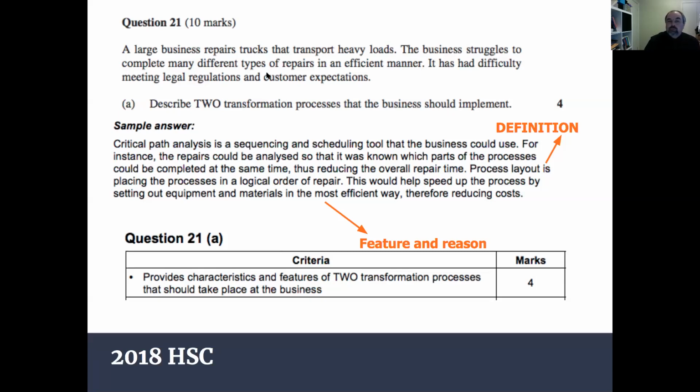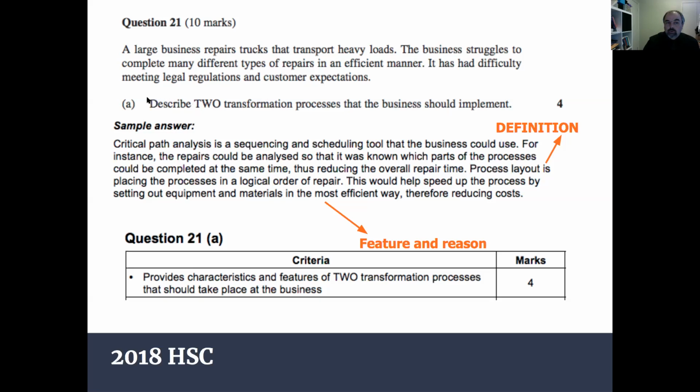The business struggles to complete many different types of repairs in an efficient manner. It has had difficulty meeting legal regulations and customer expectations. So our question is to describe 2 transformation processes that might apply to this particular business here.